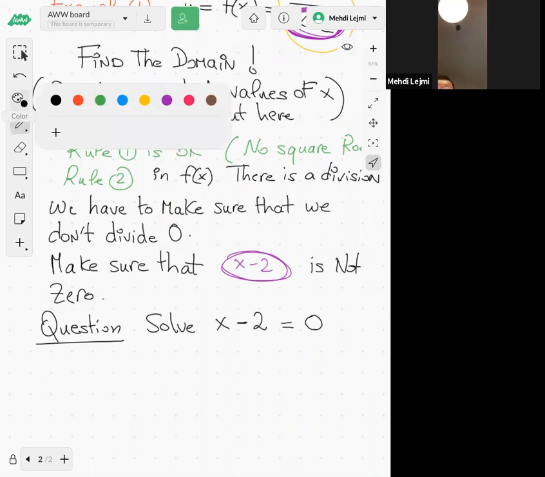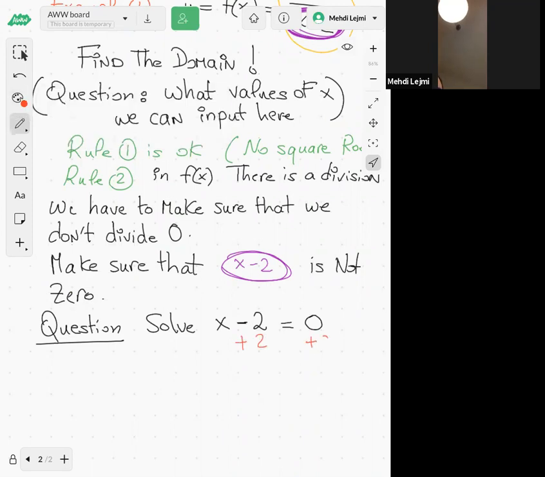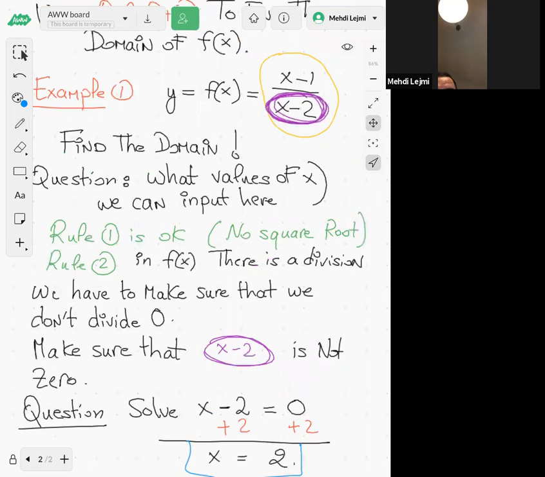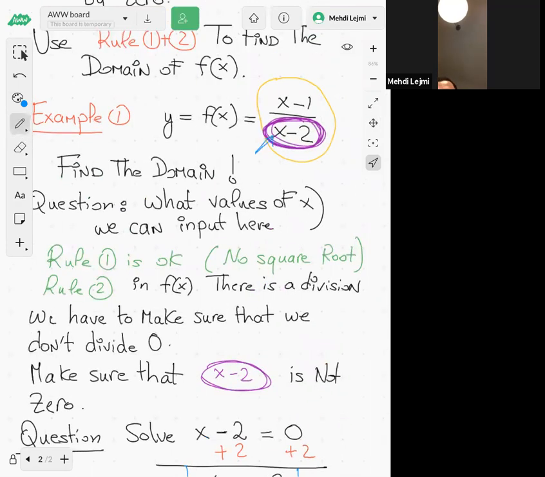Right? So when x minus 2 is 0, you can just add positive 2 to both sides, right? So then my x would be positive 2, right? So what I am saying, guys, is that when my input x is positive 2, if you substitute x here, this x in the denominator, then in the denominator, I'm going to have 2 minus 2, which is 0.